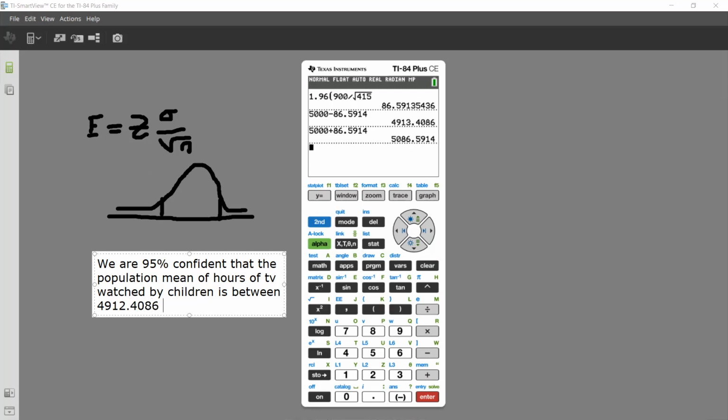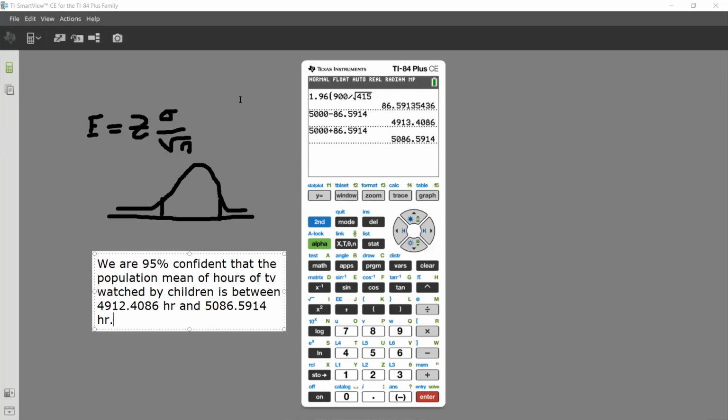4,913.4086 hours and 5,086.5914 hours. We're confident that the population mean is somewhere there. Now, where is 4,000 in that?